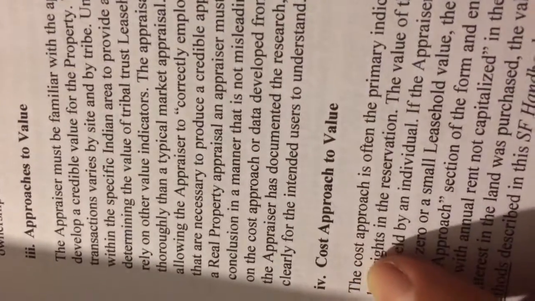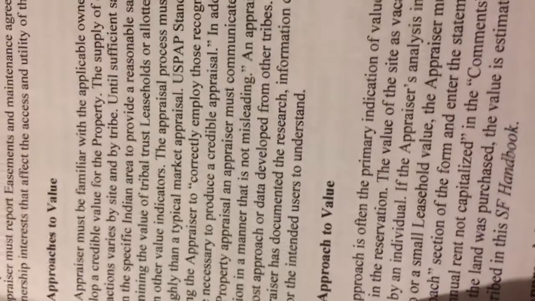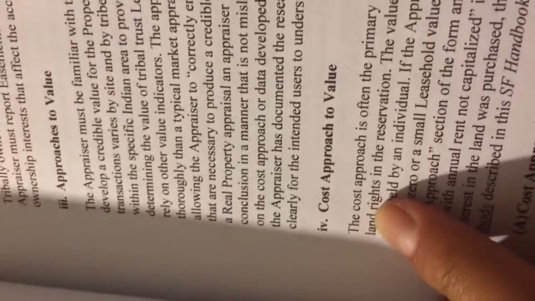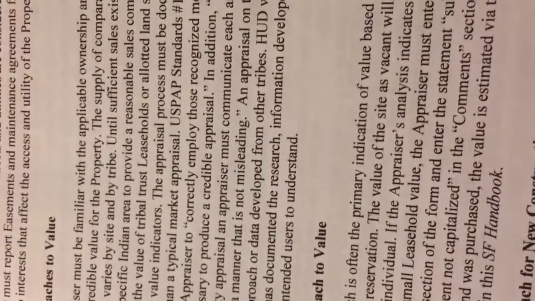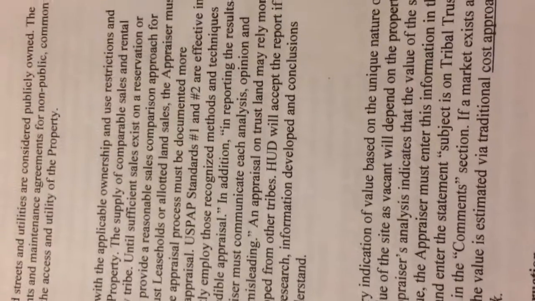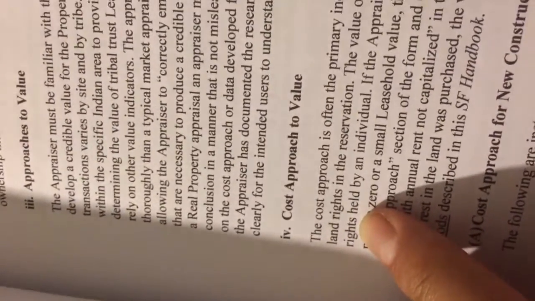Cost approach to value. The cost approach is often the primary indication of value based on the unique nature of land rights in the reservation. The value of the site as vacant will depend on the property rights held by an individual.